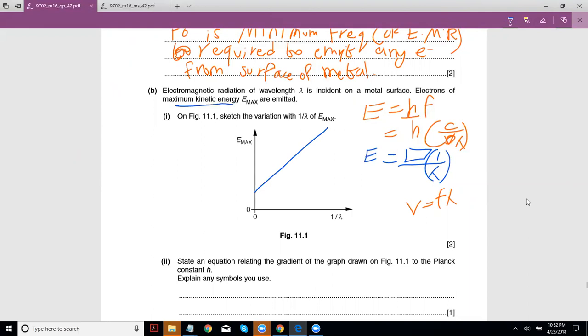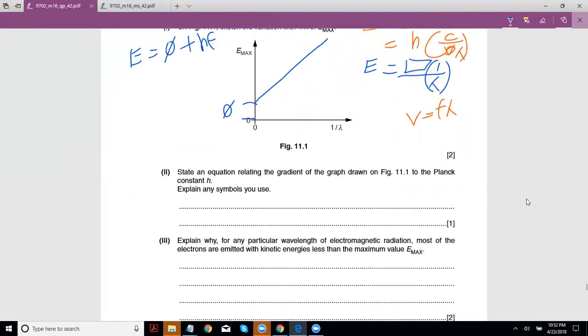and if you remember, the energy: some of it went into the work function, which was required to put the electrons to the surface of the metal, and then the rest was your hf. So this would be your energy required to bring the electron to the surface, the work function.